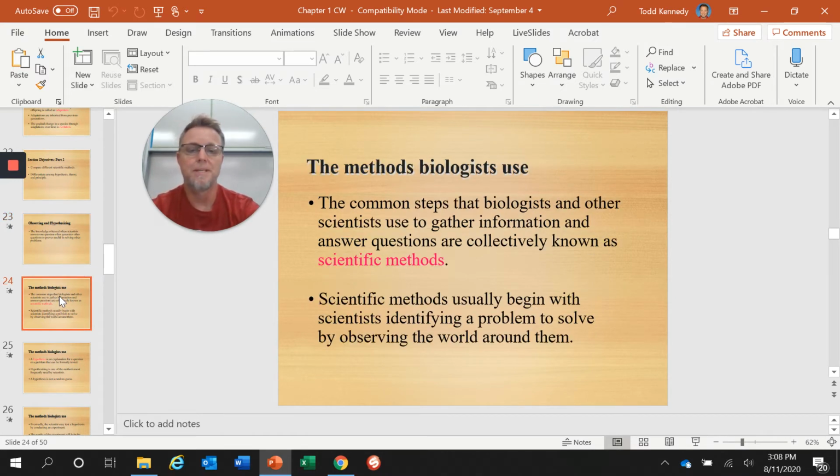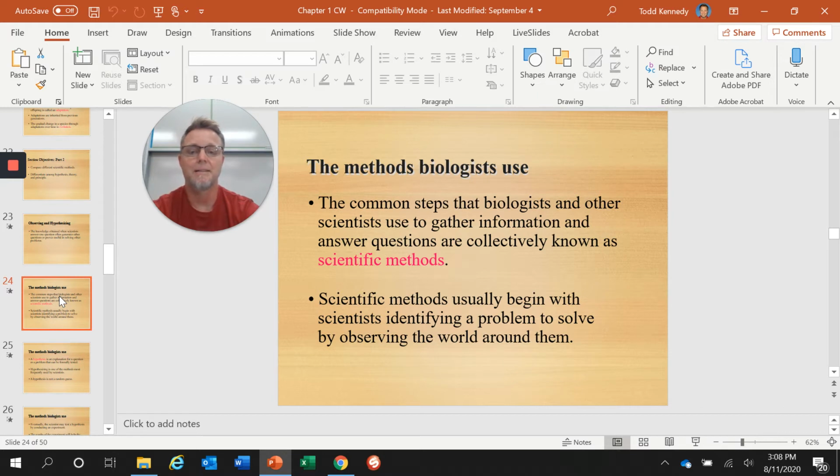So the reason we use the scientific method is because from one science to the next, we want a set of common steps that we can use to problem solve. That adds validity to any claim that we might make in response to an observation or a problem that we're trying to address.